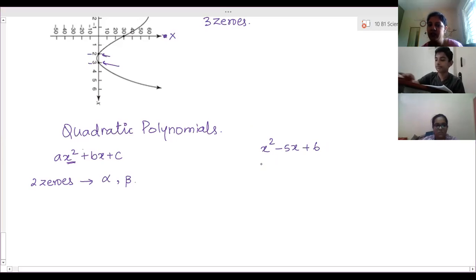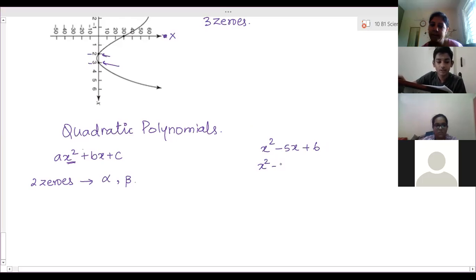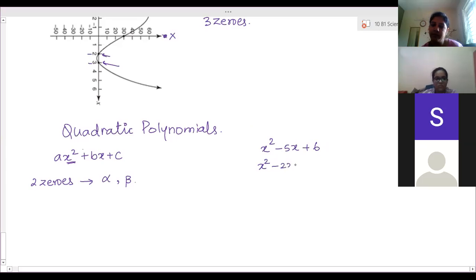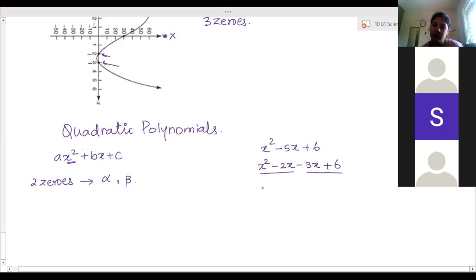The middle terms will be minus 2x minus 3x, so x square minus 2x minus 3x plus 6, right? Now factorize it. x into bracket x minus 2, minus 3, take common, then it is x minus 2. So we get x minus 2 into x minus 3. These are the two factors.